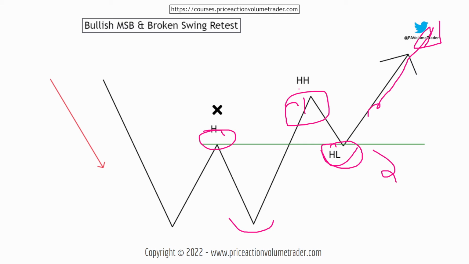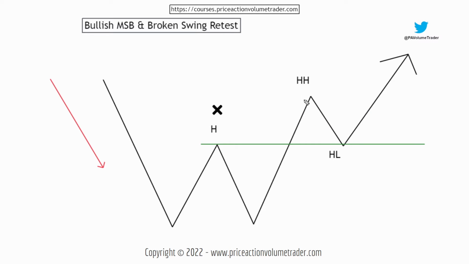Okay, in this case, we're pretty much just looking for one confirmation, which will be the break above the previous swing high, and in this case we pay extra attention to the swing level. Okay, so this is why this is called bullish market structure break and broken swing retest.